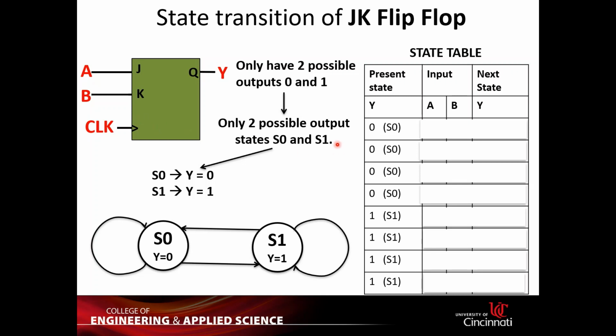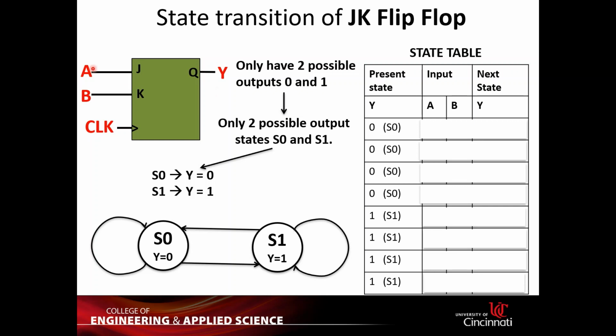Do you remember the properties of JK flip-flop? I will remind you here. If both J and K equal 0, the value of Q is going to hold. If both J and K equal 1, the value of Q is going to be flipped in the next clock cycle.